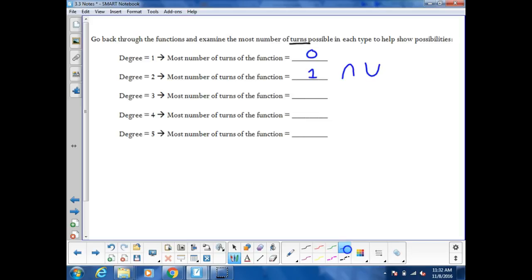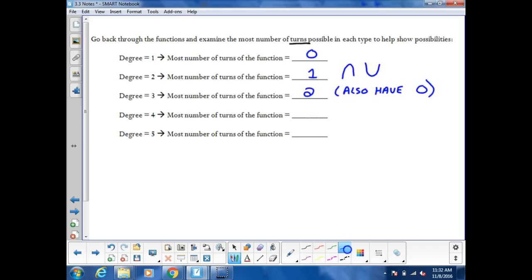Degree of 3. Most number of turns. 2. But you could also have how many turns? 0. Yep, you could also have 0 there. But the most is 2.